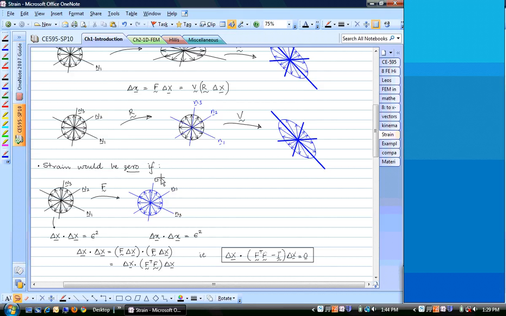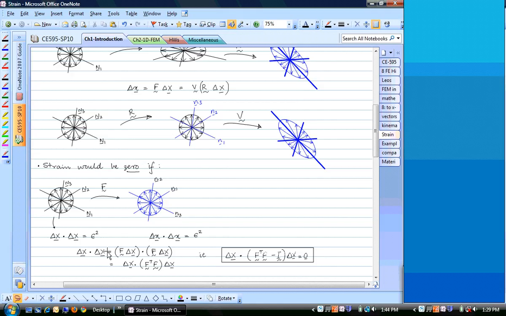It's a rigid body rotation. So if you take some finite sized body and you just apply a rigid body rotation, there should not be any straining, right? So if we can say that that thing holds for each and every point, and the only effect of this F is to rotate it in a rigid body way, then we can say that the strains are 0.